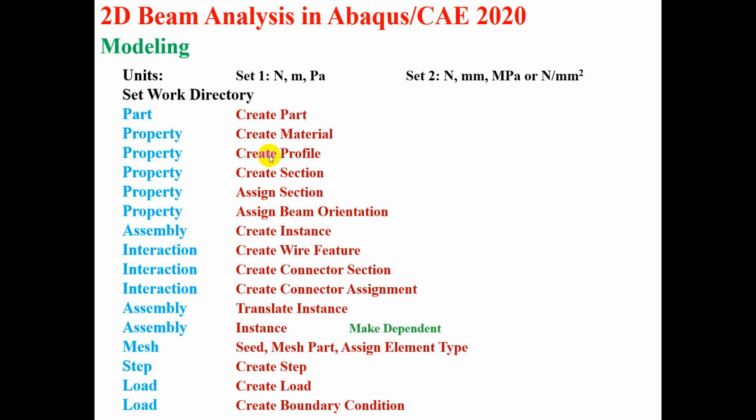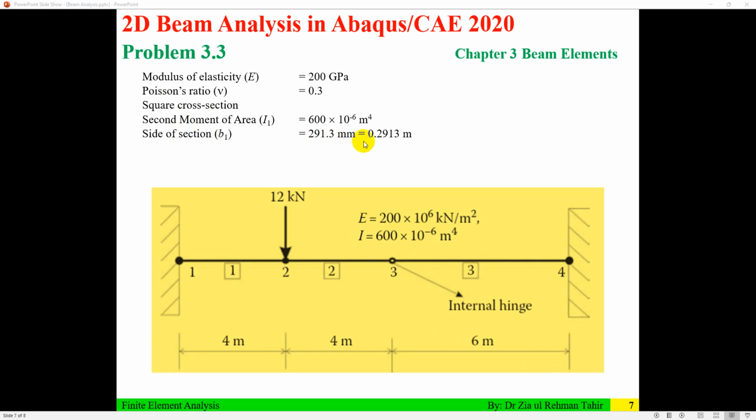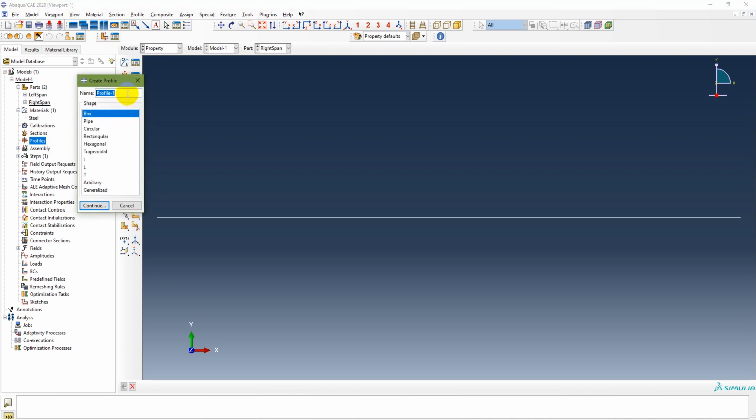The next step is you need to create the profile, and the profile I assumed here as a square cross section, with each side 0.2913. In the property module, you can create the profile here, or otherwise in the model tree you can double click here to create the profile.